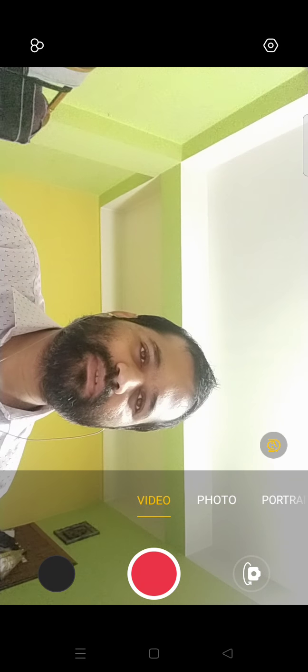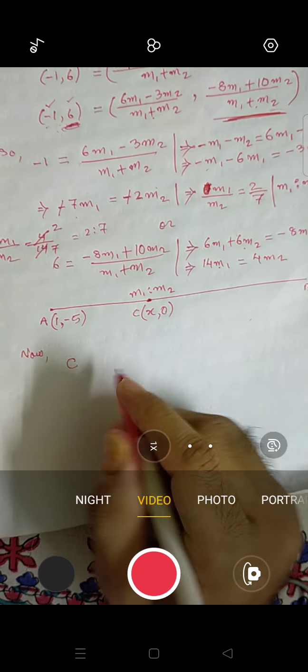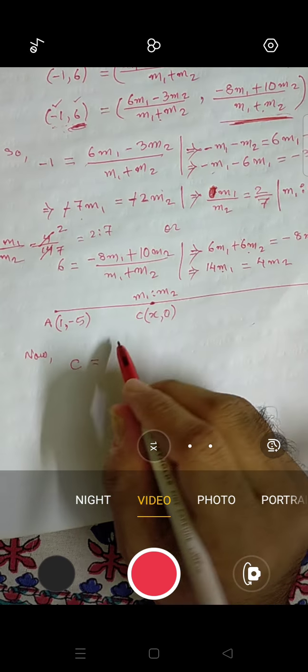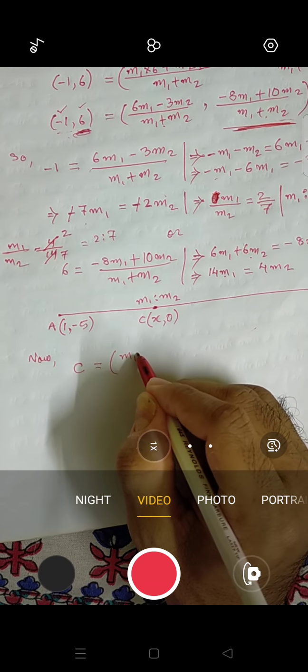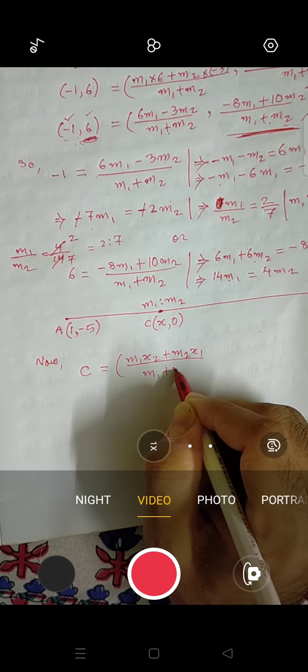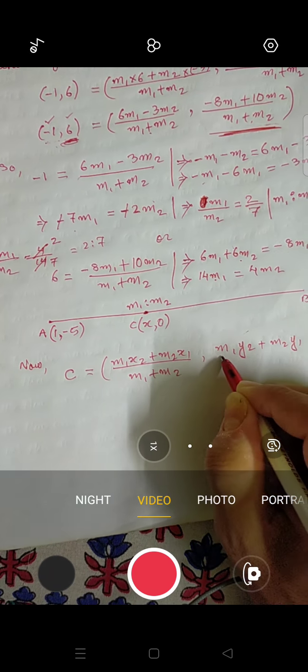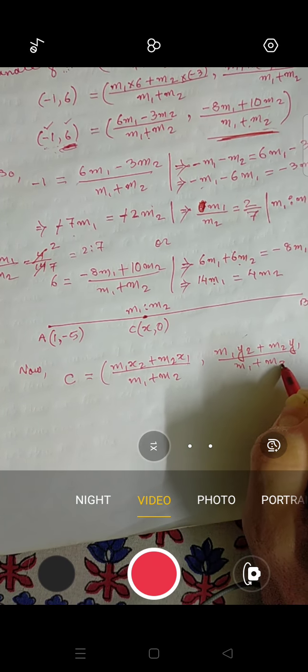That means by applying the section formula, we will be getting the coordinates of C. So we'll write coordinate of C equals to, apply that section formula, m1 x2 plus m2 x1 by m1 plus m2, comma, m1 y2 plus m2 y1 by m1 plus m2. Any problem?